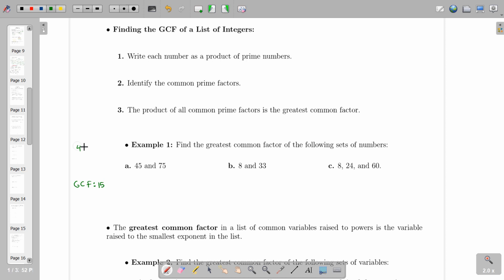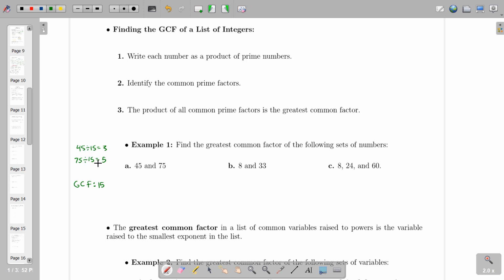Because 45 divided by 15 is equal to 3, so it goes into 45 evenly. And 75 divided by 15 is equal to 5. And there's nothing larger than 15 that would divide into both of these numbers evenly.